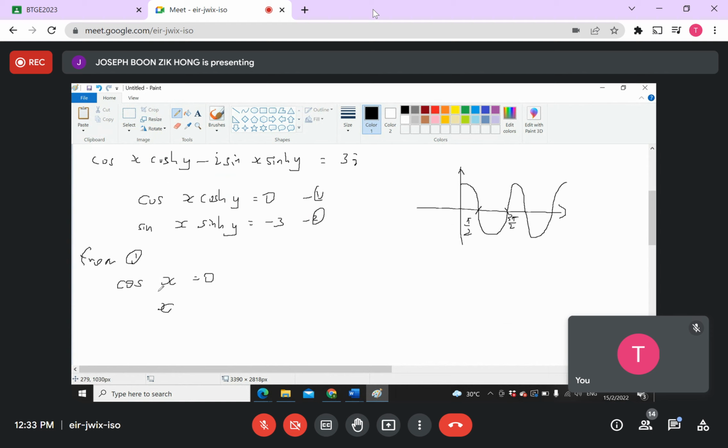So that means your x will be 2n plus 1 times pi over 2. There are some people who write like this. There are some people who write as n pi plus 1 over 2 pi. Up to you how to write.